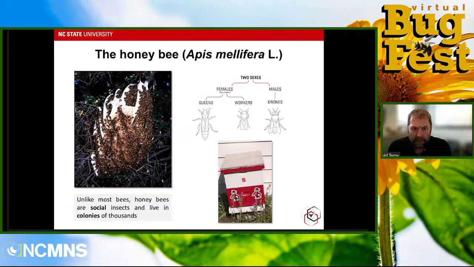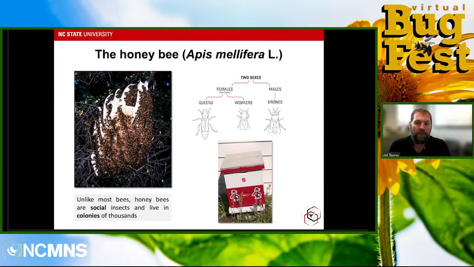However, honeybees, which again, state insect of North Carolina and kind of one of the quintessential bee species that most people are familiar with, they live in colonies. They're social insects. So they live in colonies of 50,000 or so individuals and collectively work together as a unit rather than individual solitary bees like most of the bees are.